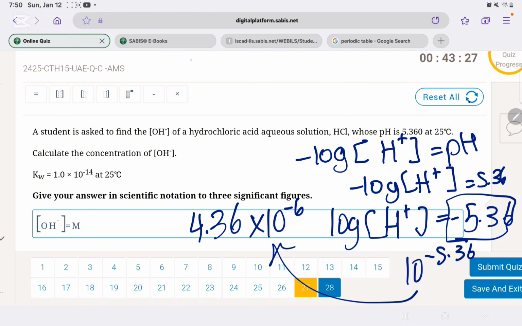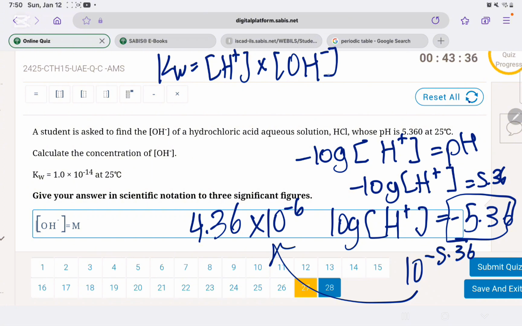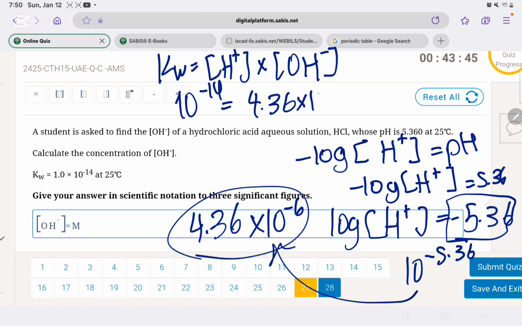Now we're gonna use the KW formula. So KW is equal to concentration of H plus times the concentration of OH minus. So 10 to the power of negative 14 is equal to this number, 4.36 times 10 to the power of negative 6 times the concentration of OH minus.